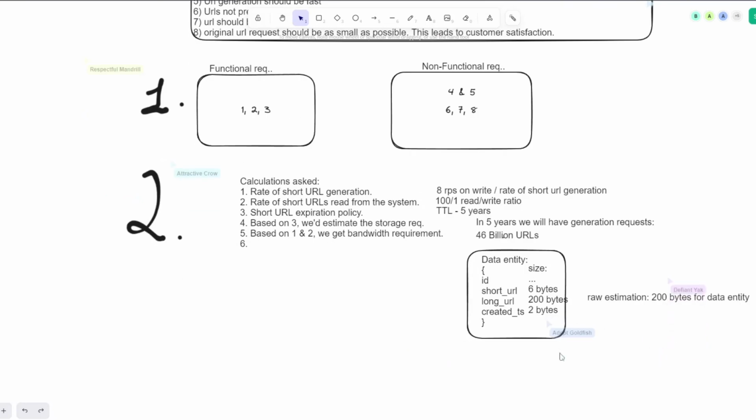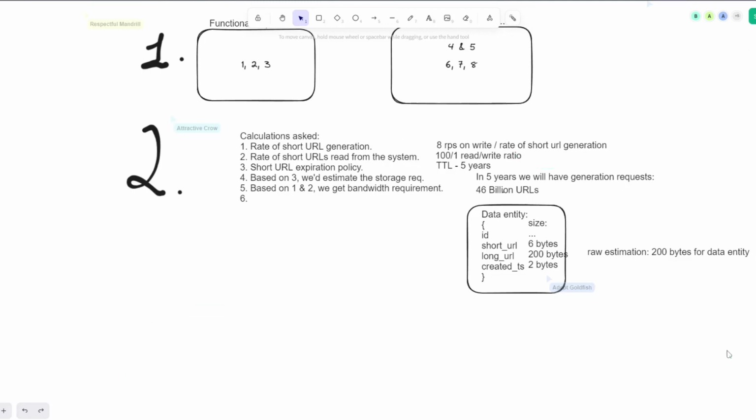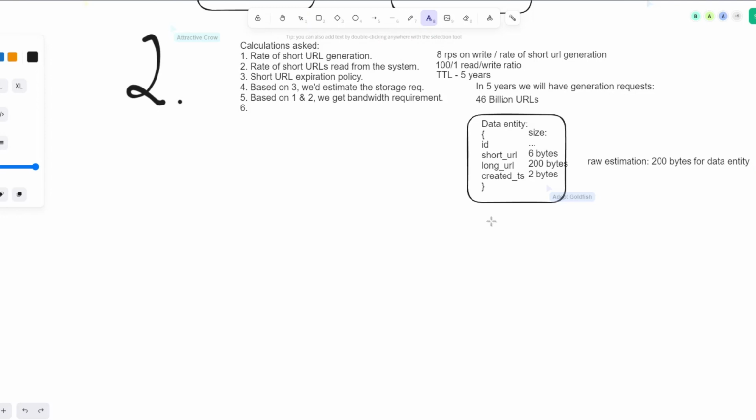So you can now write down what kind of storage volume we need. 9.6 TB, 10 TB. Can you write it down, please?